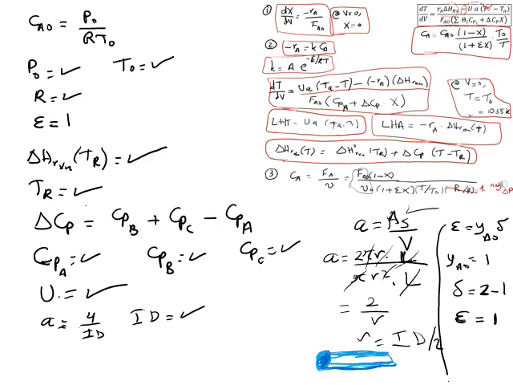Let's continue walking backward. If A naught is in the dT by dV equation, please provide it. What else? CPA, we just wrote it there. Delta CP, we just calculated it. What about TA? We will deal with it later on because it could be variable.